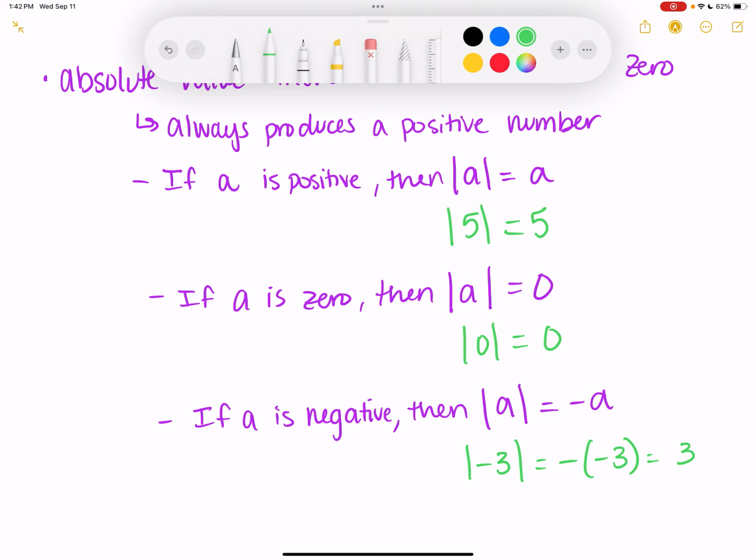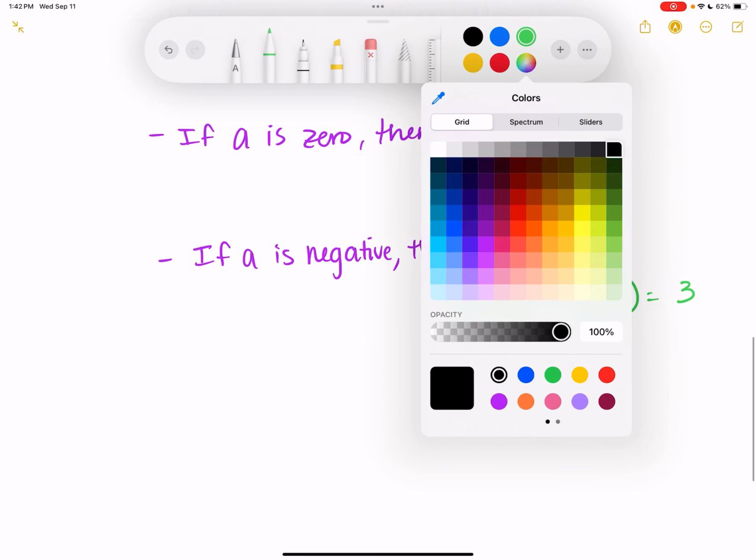What if the negative's on the outside of the bars? Then it would be negative. Is that your question too? Yeah, good. I'll put that up here too.